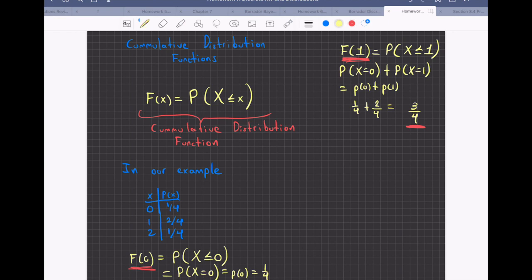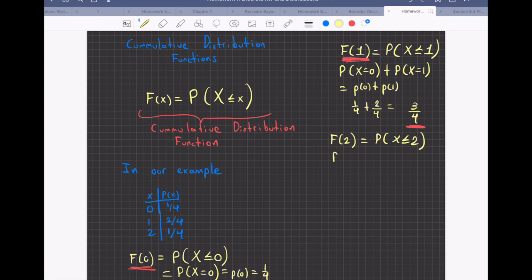And finally, what is F of 2? F of 2 is the probability that x is less or equal than 2. And notice, when we toss a fair coin twice, what is the probability that we observe two heads or less? That probability has to be 1, right?